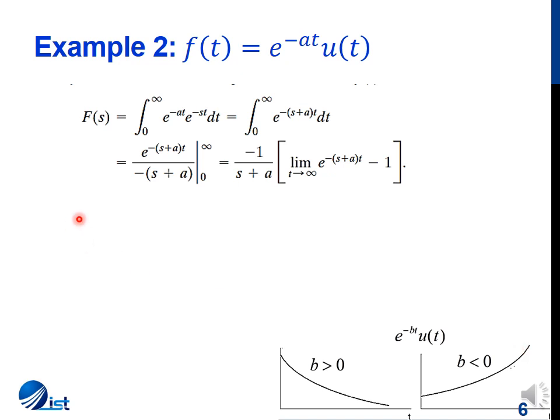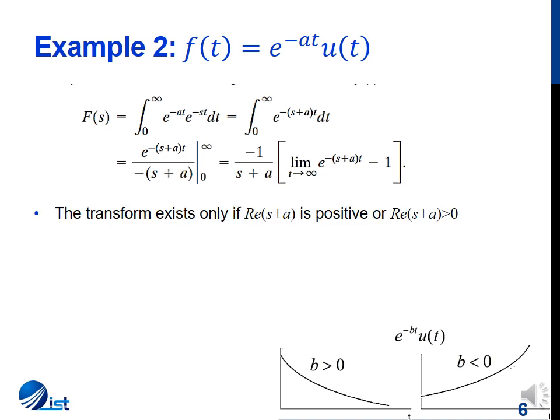So this Laplace transform will exist only if the real part of s plus a is greater than 0. So the Laplace transform of e to the minus at u of t is 1 by s plus a, given the real part of s plus a is greater than 0, and this condition forms the region of convergence.